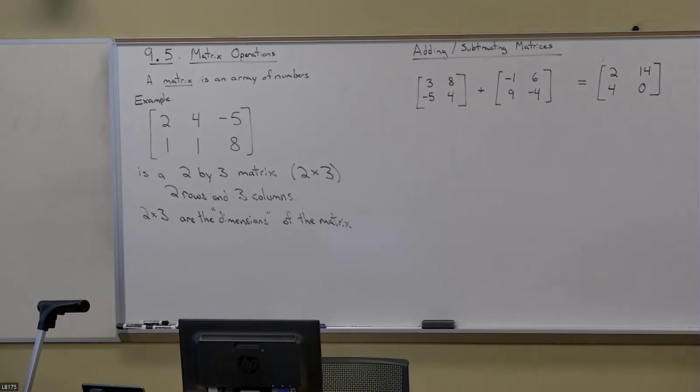So if dimensions match up, I'd simply add the 2 matrices together where each of the corresponding entries get added together. Okay.